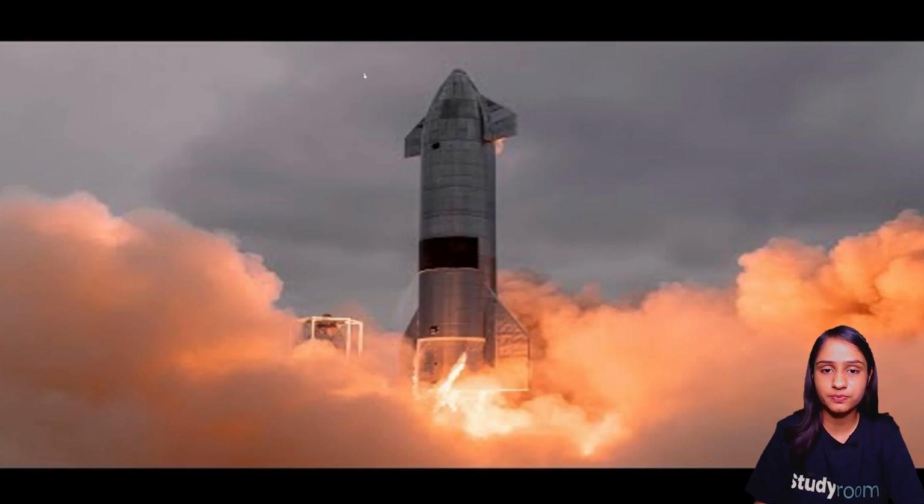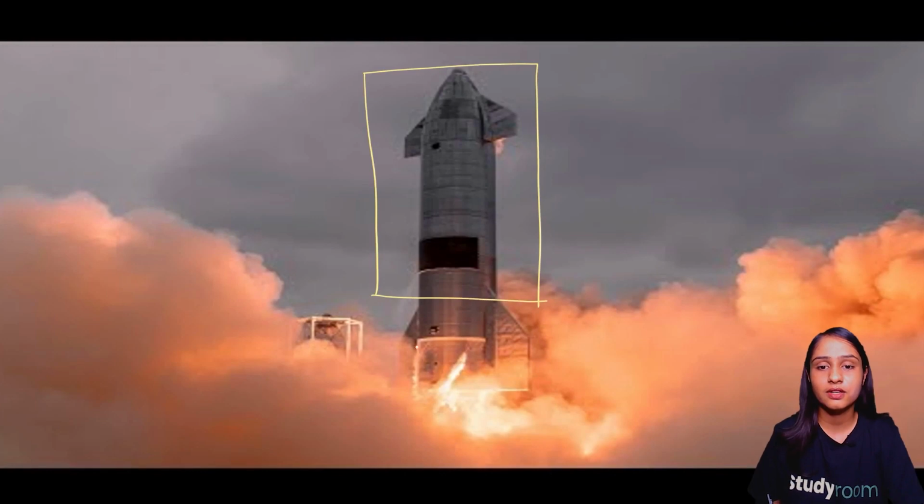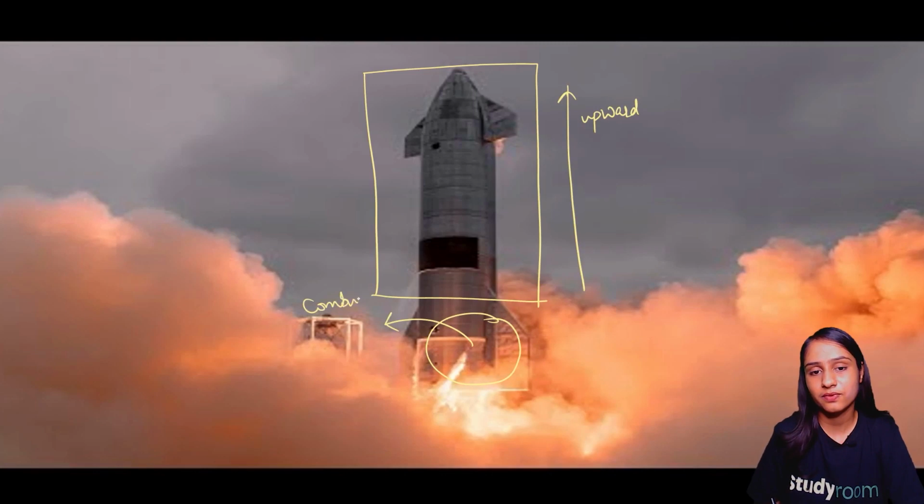What do you see here? A rocket. This rocket goes upward, but how does it go upward? Here is a combustion chamber, and because of the combustion chamber, what is happening over here? There is fuel plus oxidizer, and this fuel and oxidizer combine to give energy in the form of heat.